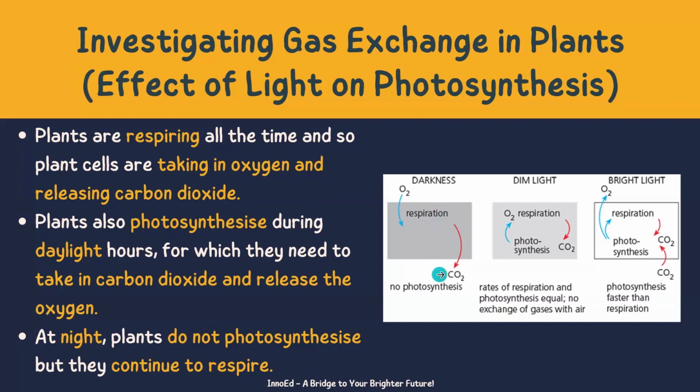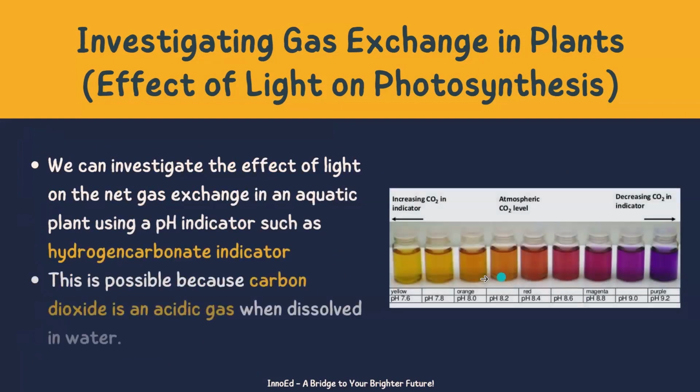So there will be an increase in the level of carbon dioxide in the atmosphere. An increase in carbon dioxide means there is no photosynthesis happening. So we will use that evidence in the following investigation.